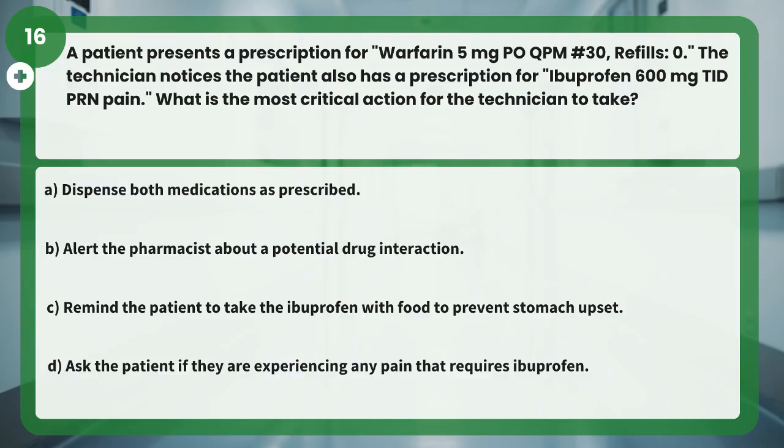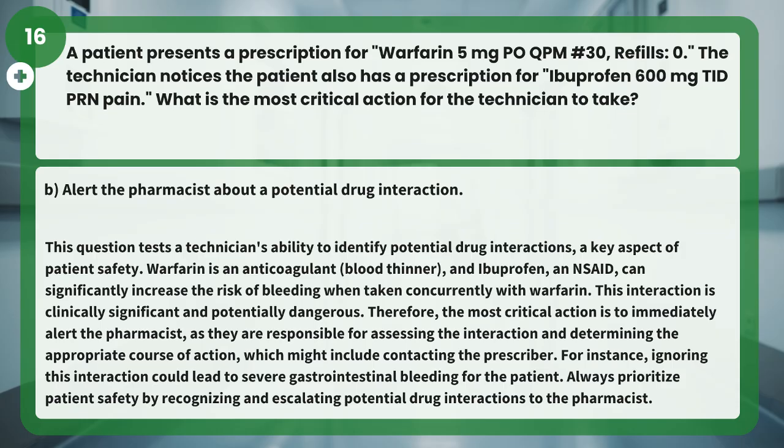B. Alert the pharmacist about a potential drug interaction. C. Remind the patient to take the ibuprofen with food to prevent stomach upset. D. Ask the patient if they are experiencing any pain that requires ibuprofen. Answer B. Alert the pharmacist about a potential drug interaction.